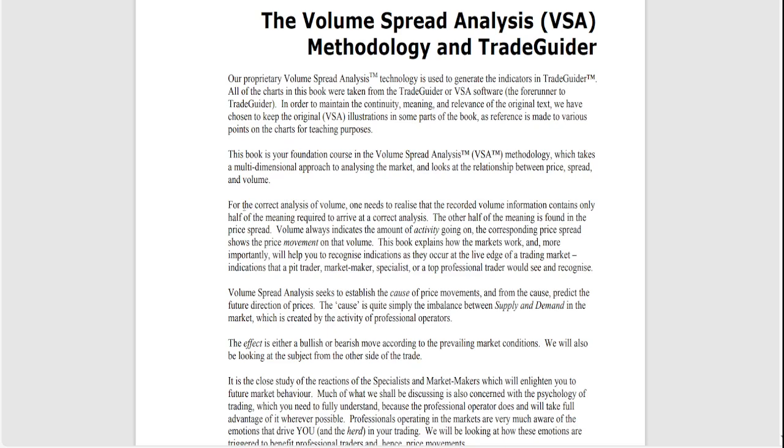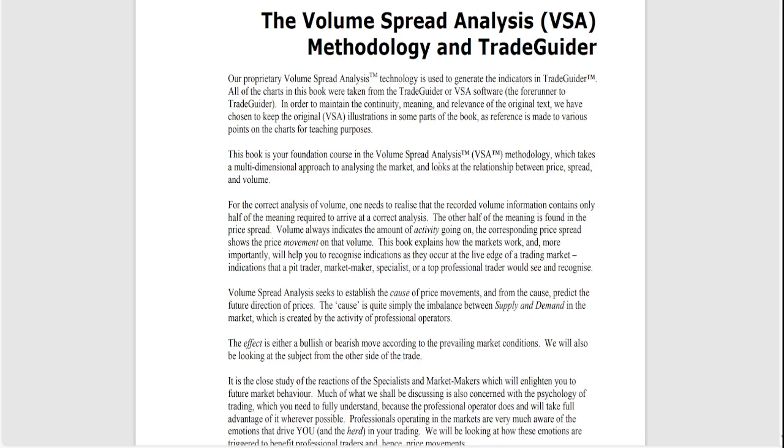Now, the second paragraph: this book is actually a foundation course of volume spread analysis, VSA methodology, which is a multi-dimensional approach to analyzing the market. VSA is actually a way of dealing with the market, a method.